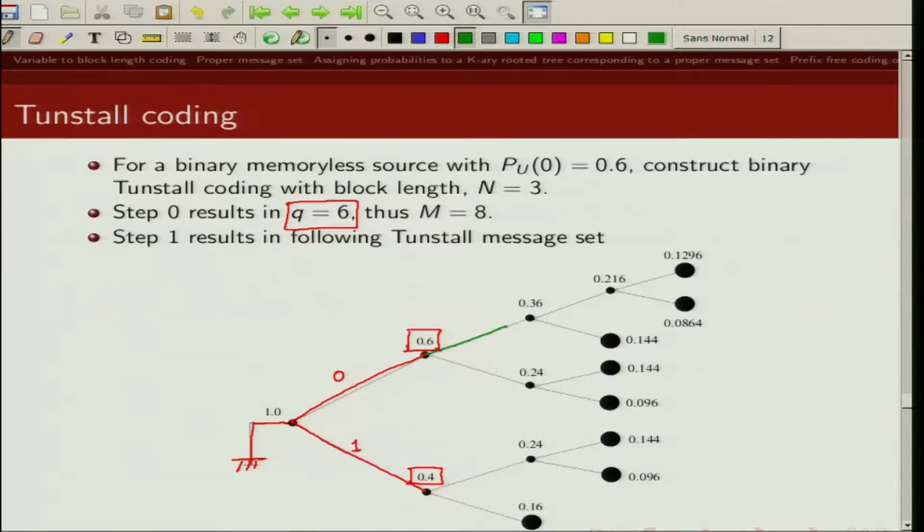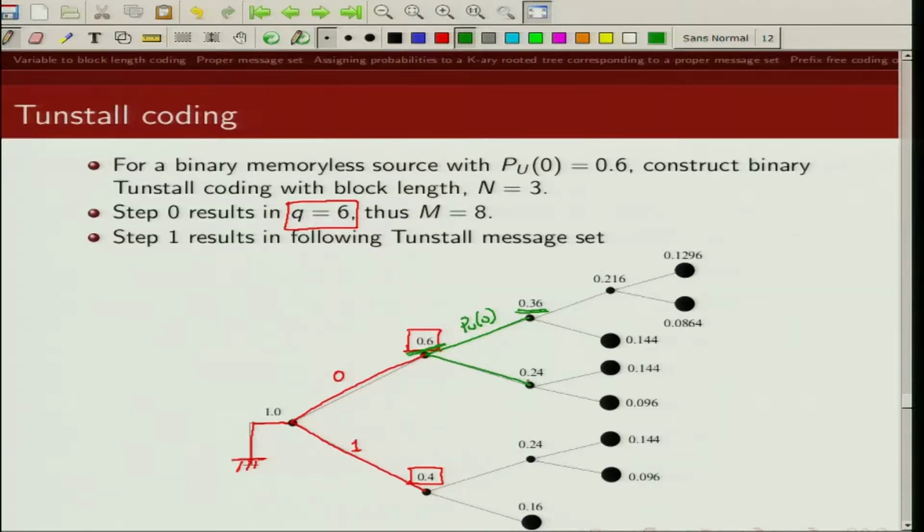So the first extension is something like this. This is my first extension of the extended root. So this probability is nothing but the probability of this node, 0.6, into the probability of 0. The probability of 0 is 0.6. So this is 0.36.